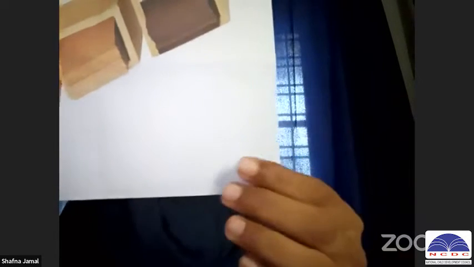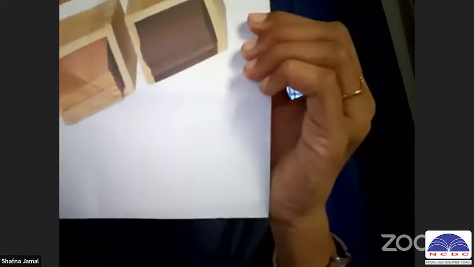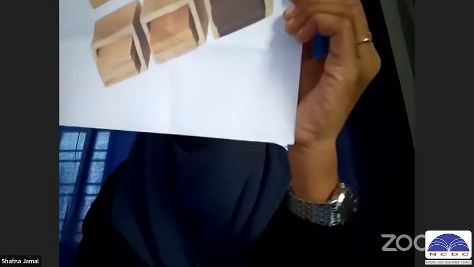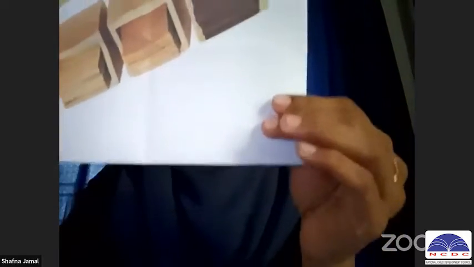He needs to identify which one is weighing more and which one is the lightest. If these two tablets are not in the right order, he has to keep that one tablet aside. Next he has to take another tablet and identify the same weight. He has to repeatedly do that until he finds the correct weight.